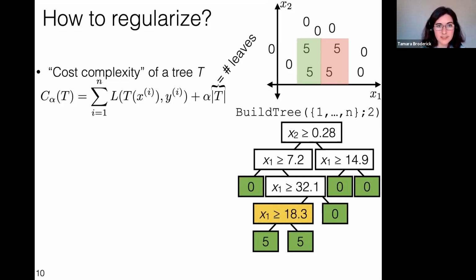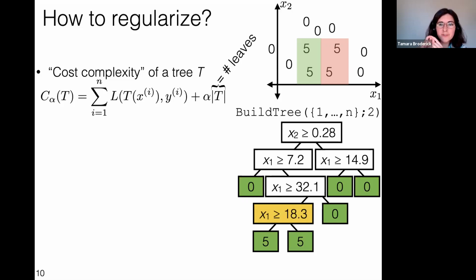This seems like a useless subtree. It's not doing anything. If we didn't have this subtree, if we just had a single leaf that predicted 5, it would do exactly as well. And so if you look at this cost complexity with alpha equals 0, there's no way to decide between this full tree and the tree where this subtree is replaced by a single leaf.